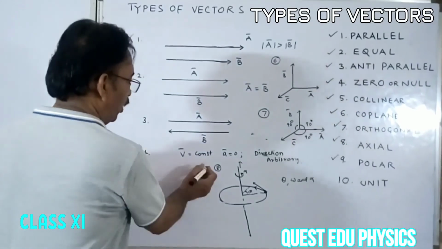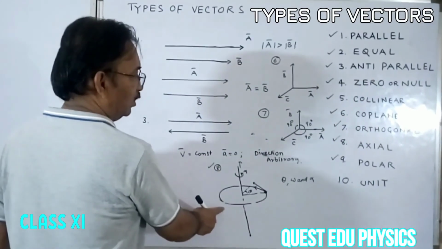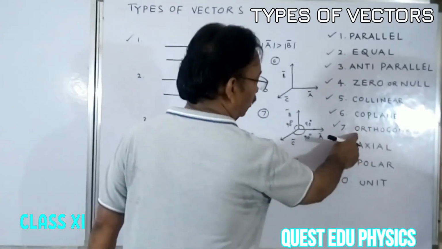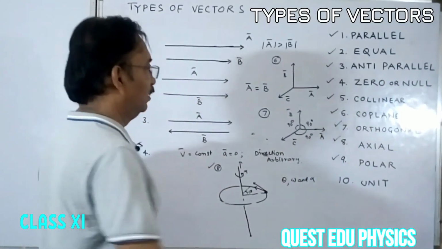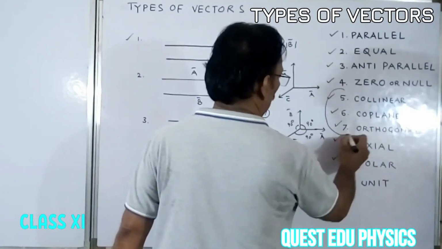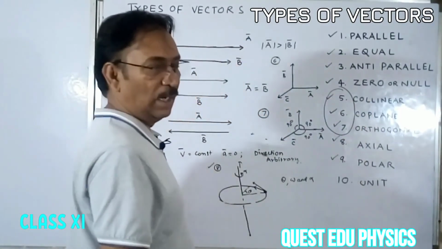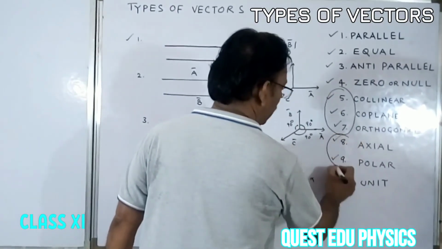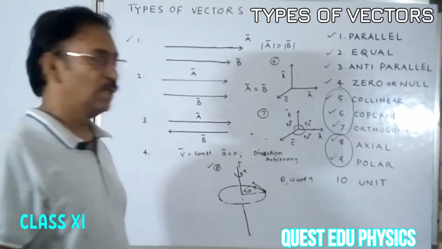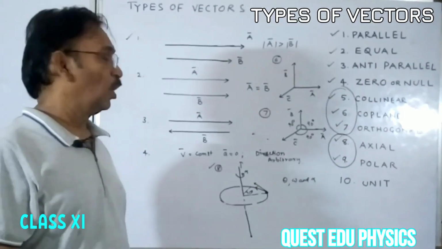The important things you have to remember are the axial vector, polar vector, orthogonal, coplanar, as well as collinear. These things have their own value while you are learning physics, and you also have to remember these two: what is an axial vector and a polar vector.